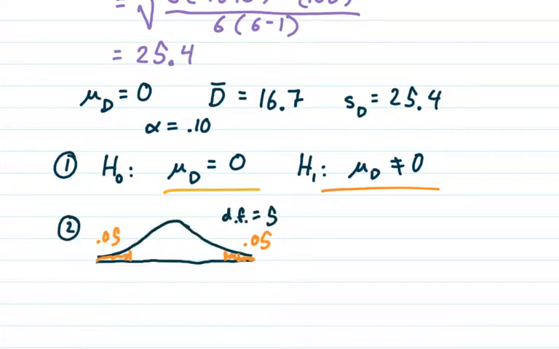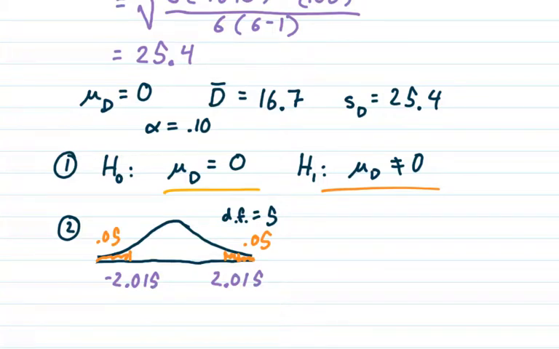And step 2 is we will find the critical values and sketch the critical region. The book doesn't really make a big deal about sketching the critical region, but I feel like it's important, to just get a visual sense of what's going on. So here, it's not important in terms of looking up these values, because all we are doing is looking in the column for a two-tailed test where alpha equals 0.10.